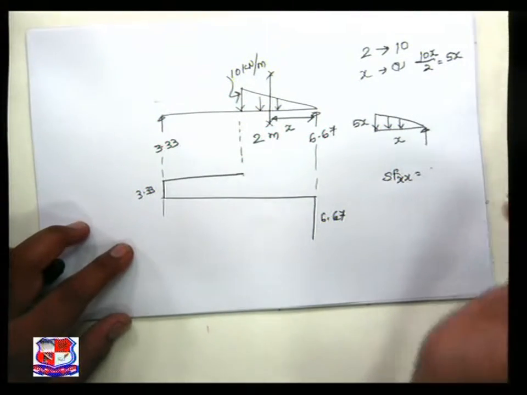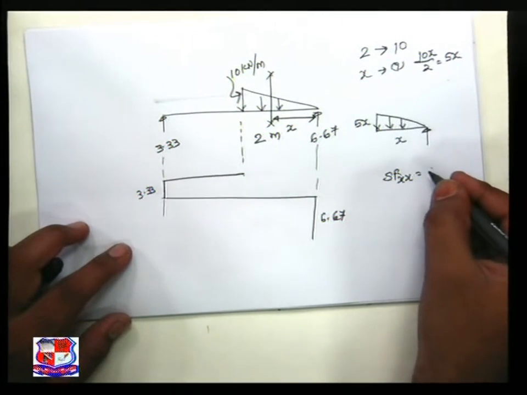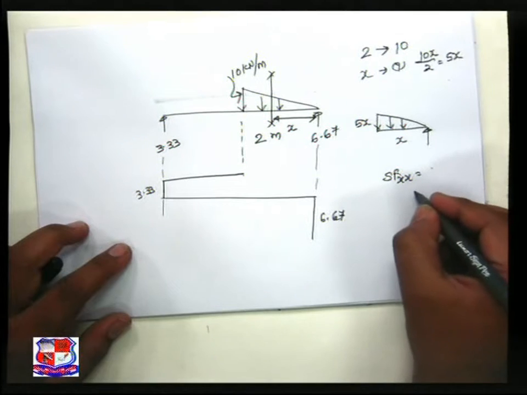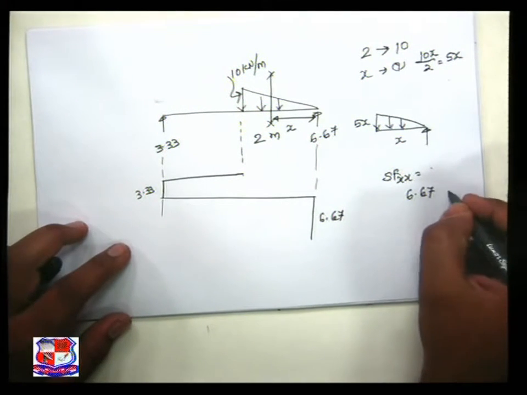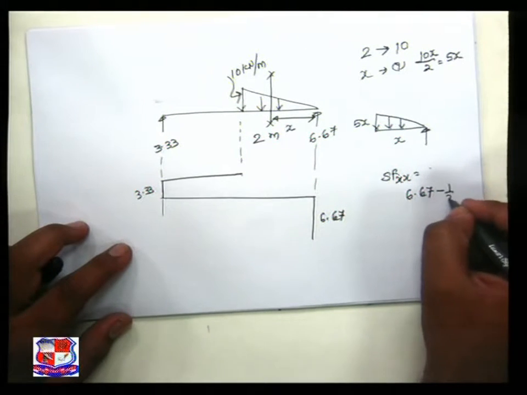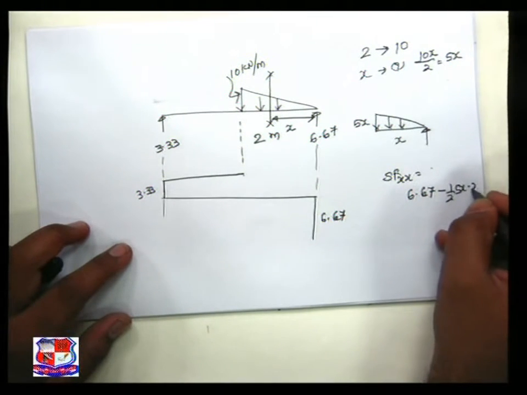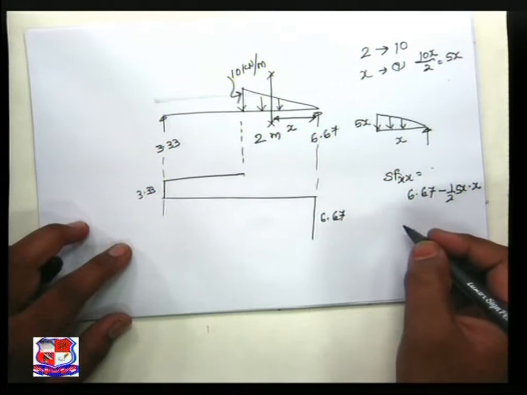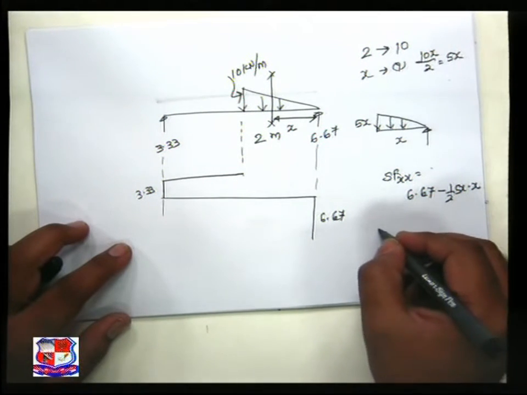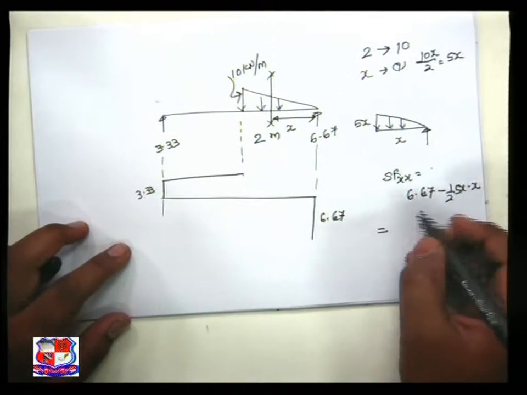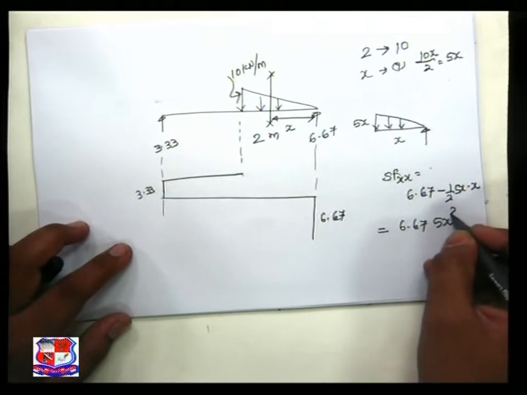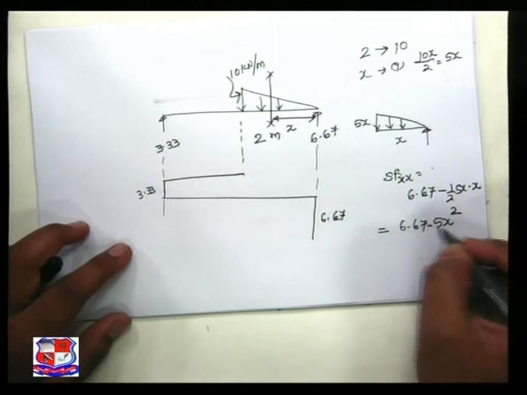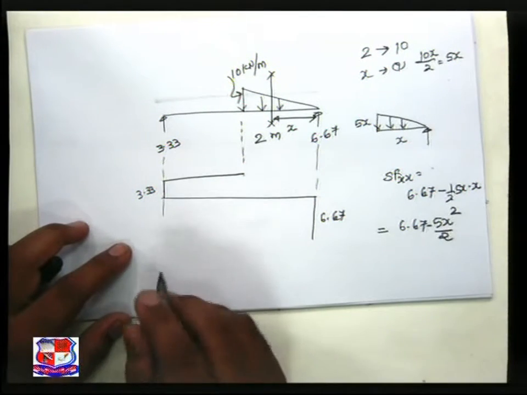So with this we achieve the value as 6.67 minus half into 5x into x. So we achieve the answer as 6.67 minus 5x square by 2.